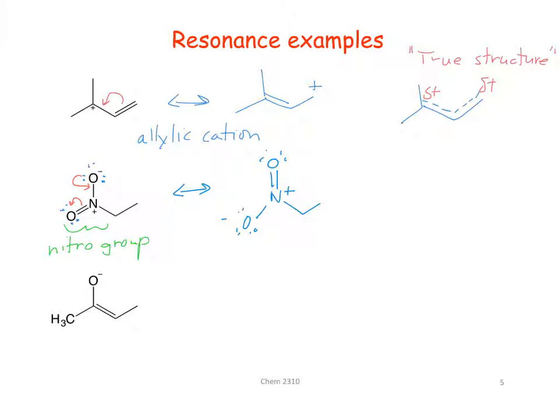So this is similar to the carboxylic acid case, right? Because if we made this atom in the middle a carbon instead of a nitrogen, then this would look like that carboxylate anion. All right, so the true structure again would be a hybrid of these.